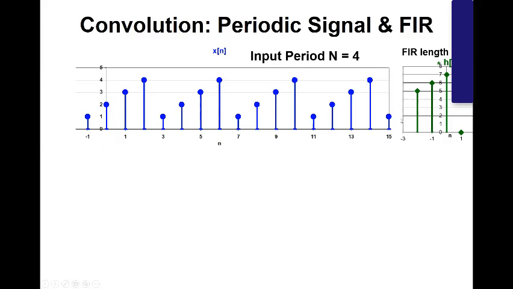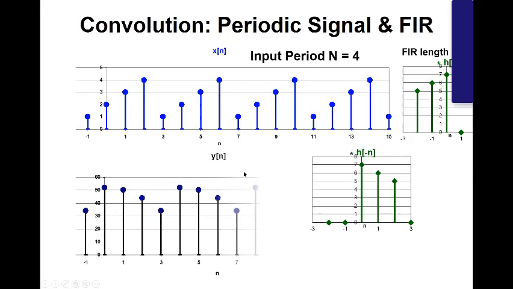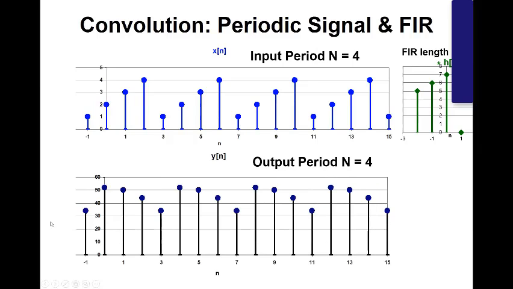We're just doing convolution here. If I convolve this finite length sequence that has 3 non-zero samples with this periodically repeating one, run it through the convolution process, which means take this, flip it, and shift it by the other, that convolution result would look like this.